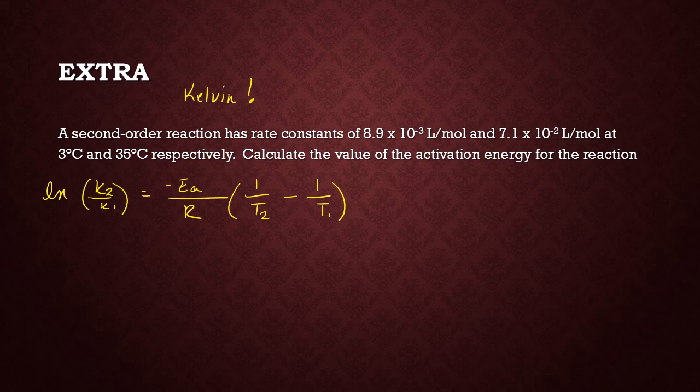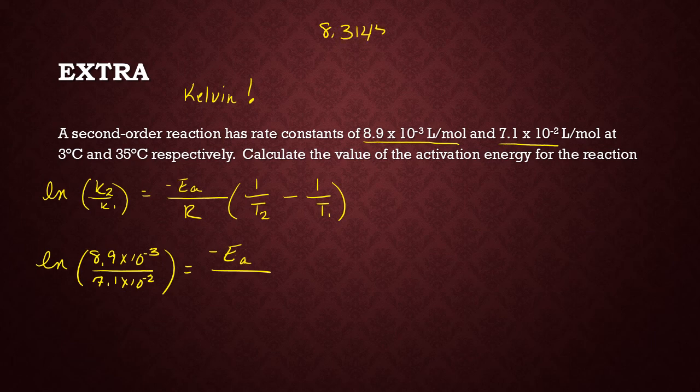Okay, so a second order reaction has rate constants of this amount, so the natural log of 8.9 times 10 to the negative third, and then we need the second one, 7.1 times 10 to the negative second. We're solving for the activation energy, and we know this is in kilojoules and R is in joules. Well, if I take 8.3145 joules, I'm just worried about joules.